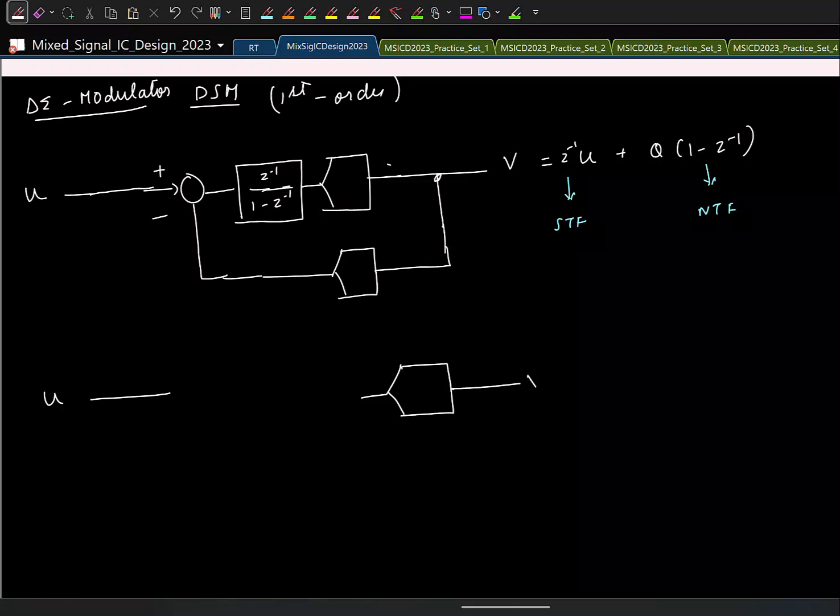I want to make sure that my output is close to the input. So I convert to analog with a DAC first and form an error signal. I want this error signal to go to 0. If I want the error signal to go to 0, what do we do? We put an integrator, and that's what this is.